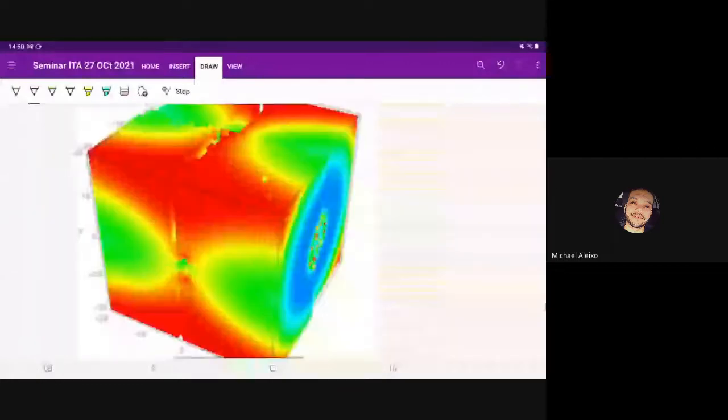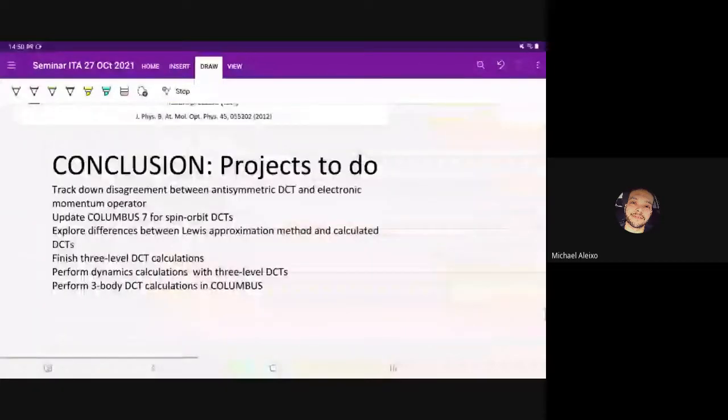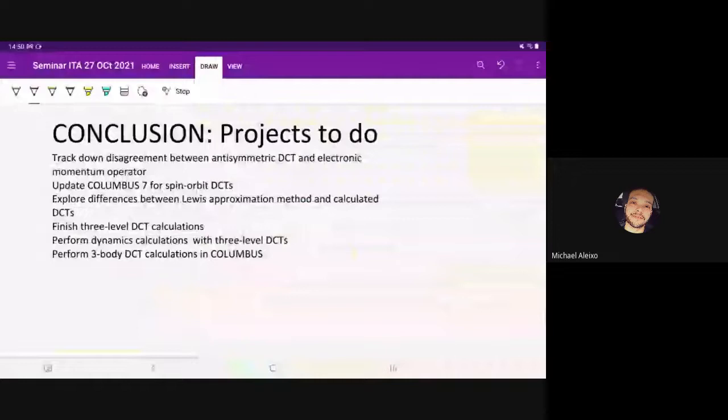So really, in conclusion, there are some projects that we want to do to support understanding the quantum operation of diode-pumped alkali lasers. I talked about finding out why those antisymmetric derivative coupling terms don't match the electronic momentum operator. Is it a bug? Is it something more?